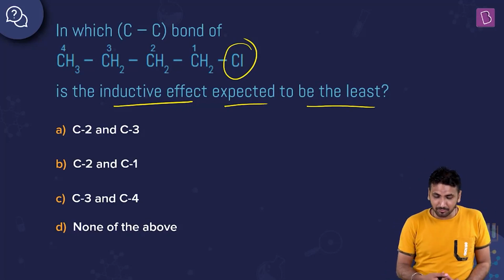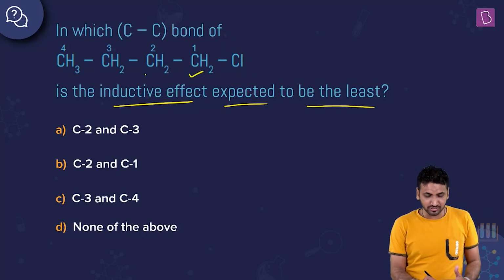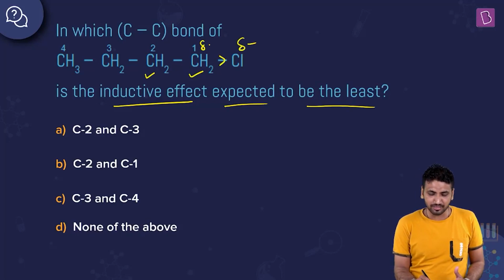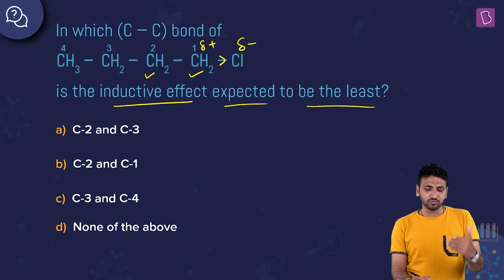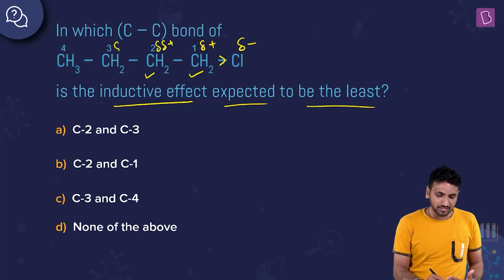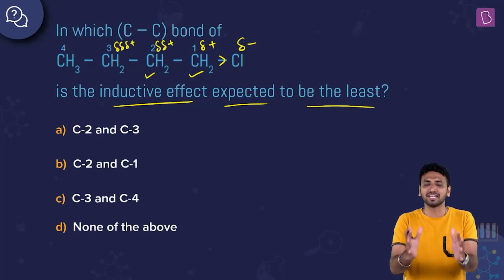So the maximum impact is going to be on this carbon, then it is going to decrease on this carbon. If you talk about Cl, this is like del minus, here it will be del plus, partial positive charge. If you move further, this will be partial of partial positive. You move further, and obviously the impact is going to be negligible.